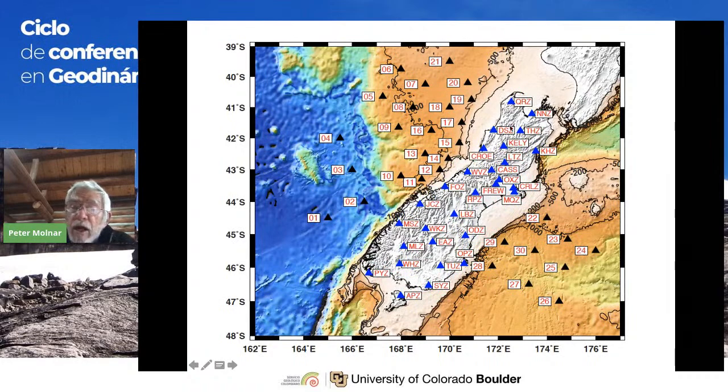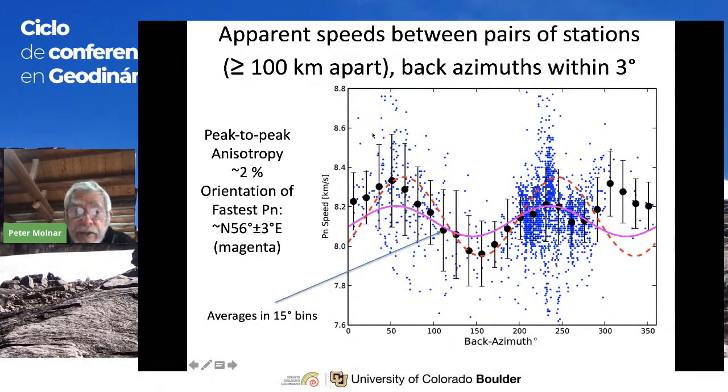So let's look at this in another way. Again, using this network of ocean bottom seismographs offshore and stations on land, looking at PN anisotropy. Again, PN, the P wave that propagates in the uppermost mantle just below the crust. First thing you notice, so what do we have here?